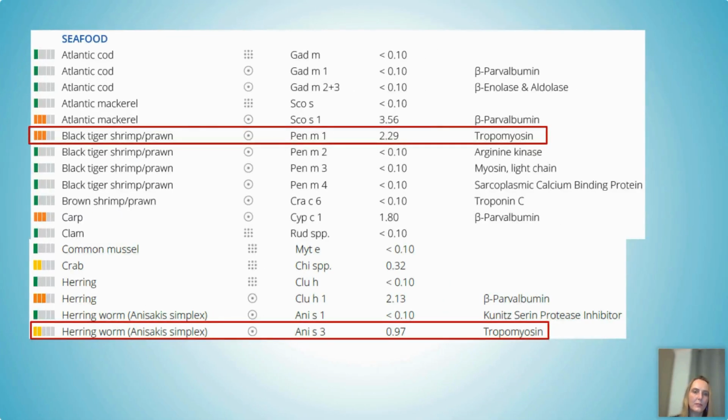cross-reactive component. And the tropomyosin is then also present in shrimps and prawns, and the herring worm or the Anisakis simplex also has tropomyosin present. We can also see in this patient, which is a little bit uncommon, he was also sensitized to fish, which is different from shellfish.